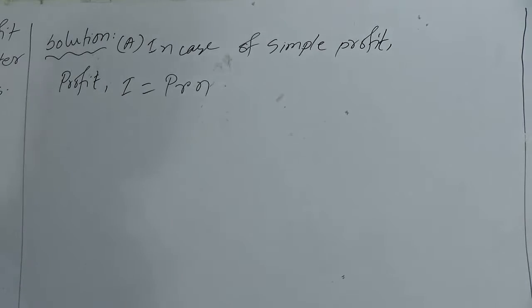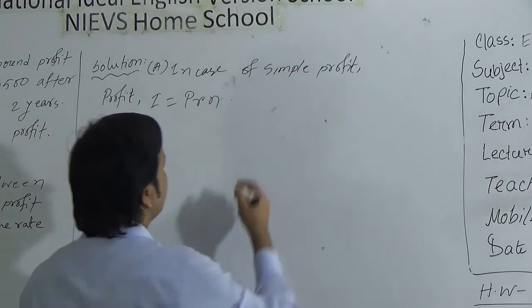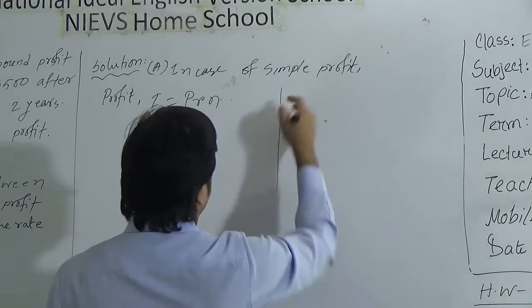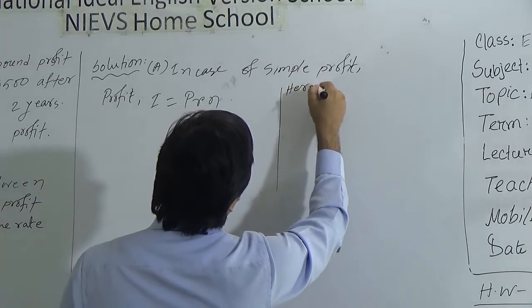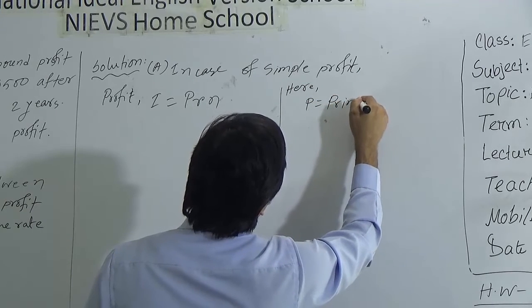Dear students, when we will write any formula using the symbol, then we need to explain the meaning of the symbol here. So we can write here P means principal.